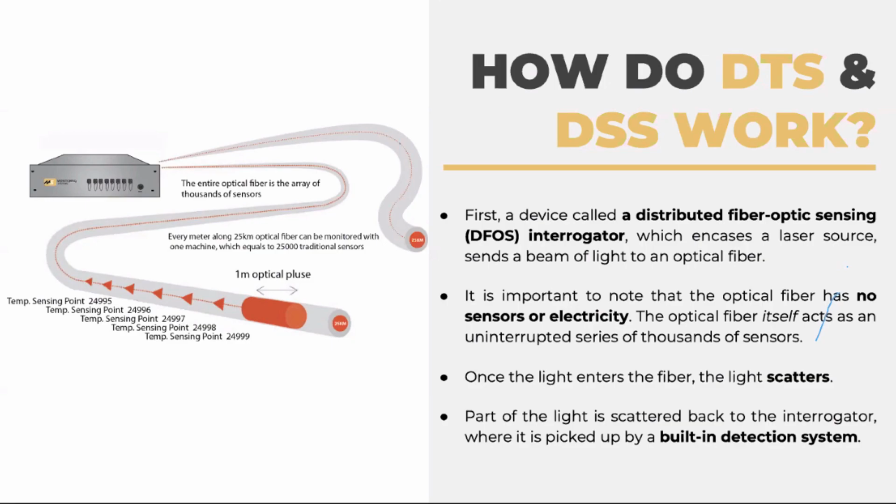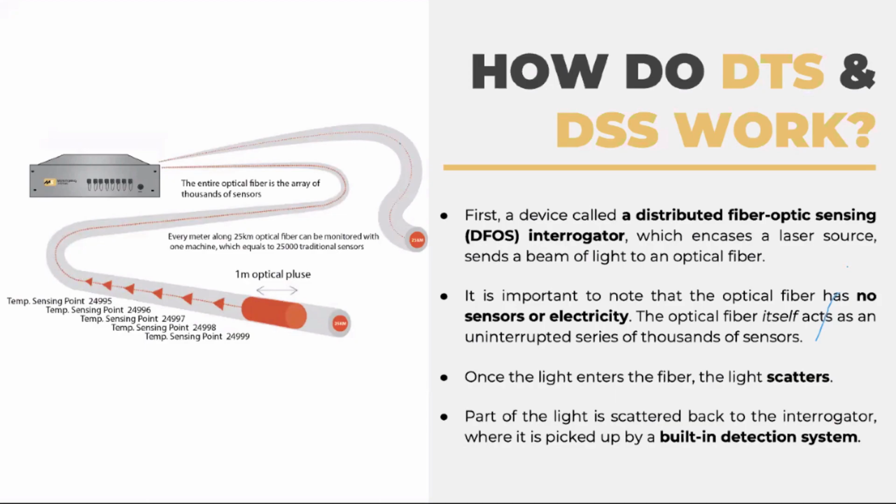So if we have, let's say, a spatial resolution of 1 meter, and we have a cable length of 25 kilometers, for example, that means we have 25,000 sensors potentially within a single line of cable. That means we can get data from 25,000 points across this entire cable.